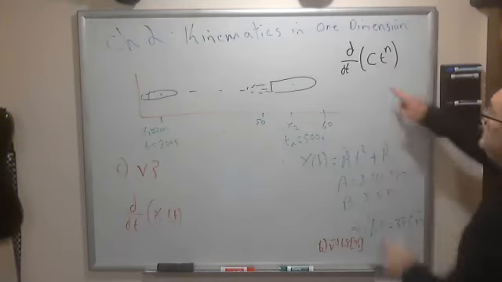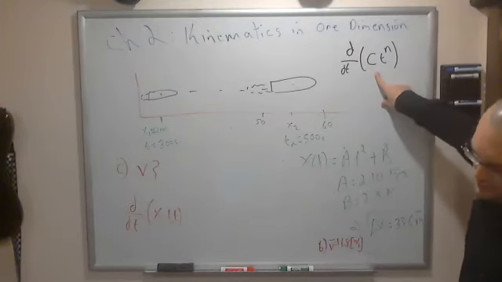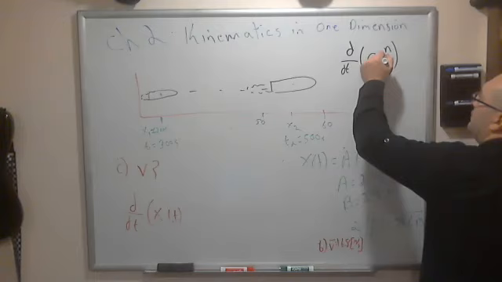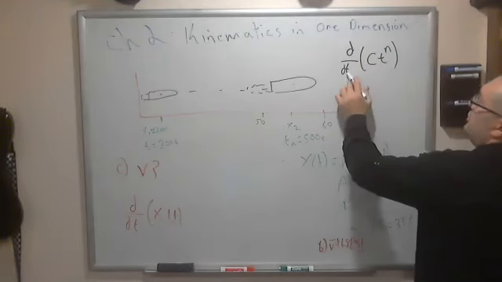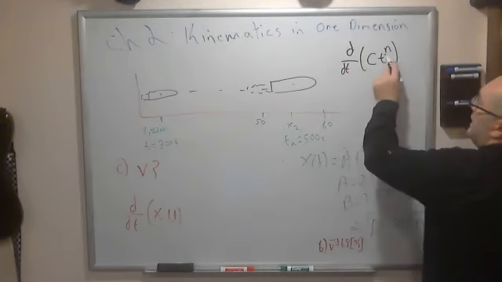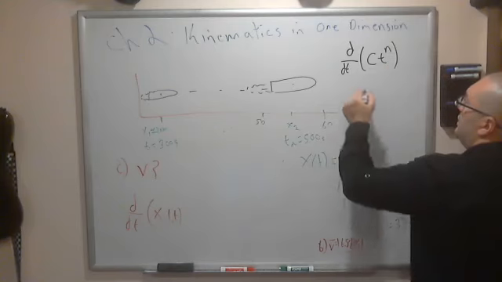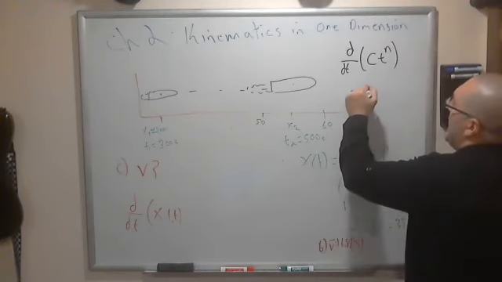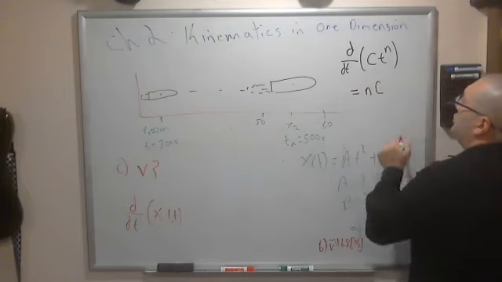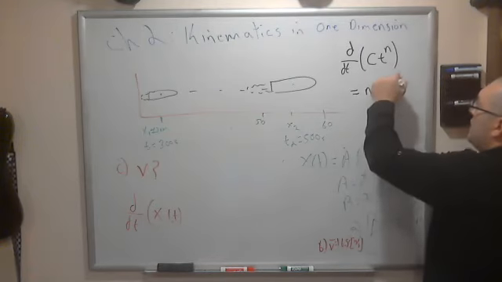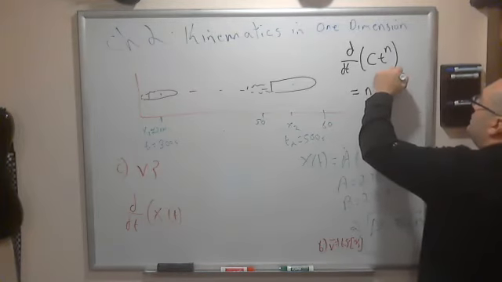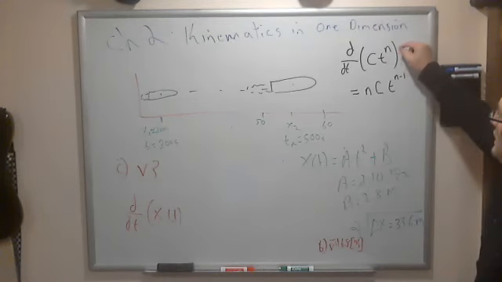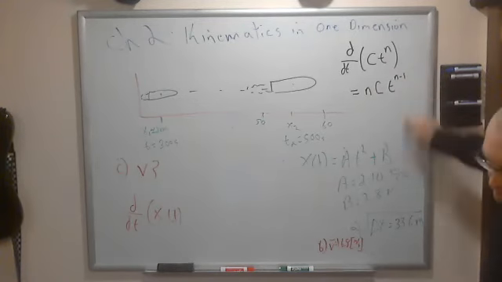So C is a constant here. This is on page 23. And t is the variable in this case. We're taking the derivative with respect to t, and it's to some n power. What we do here is we bring down the n and multiply it by the function. We leave C alone, and then we subtract 1 from the exponent.